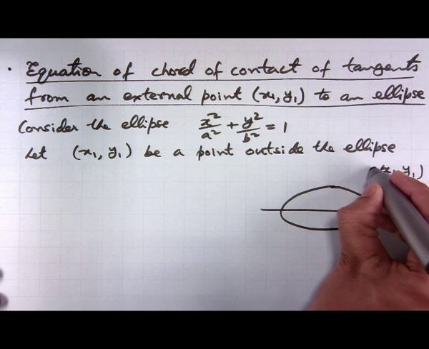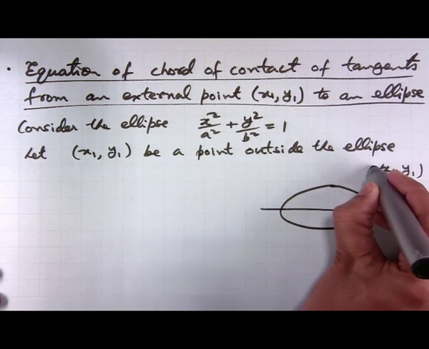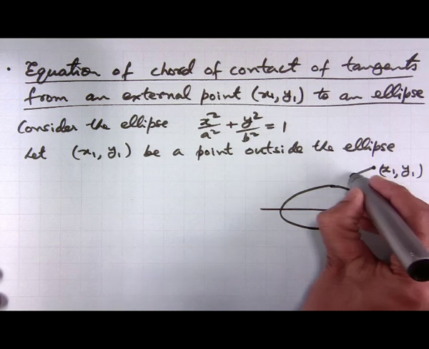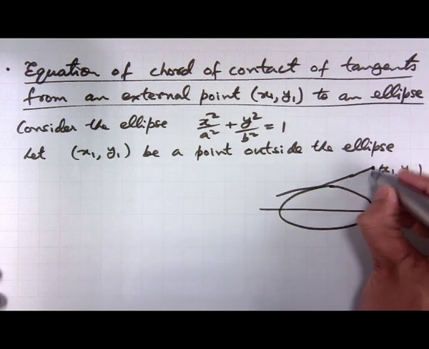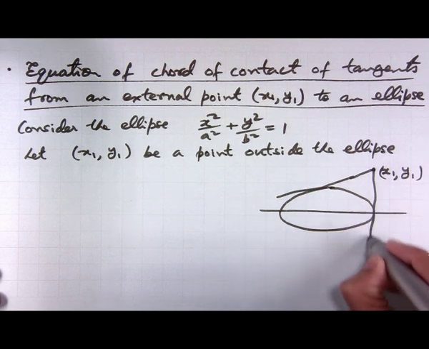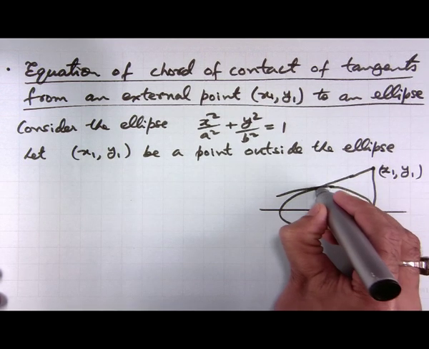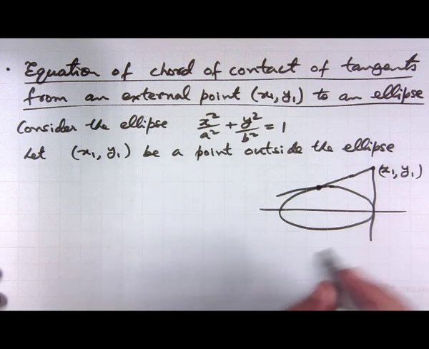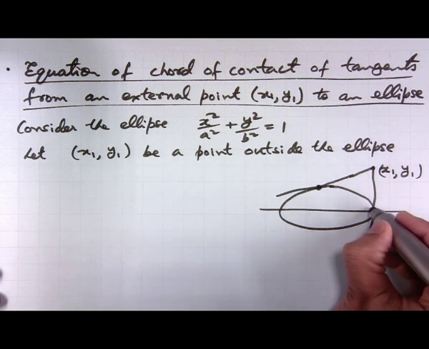Now, from this point x 1 y 1, two tangents can be drawn to the ellipse, and what we are required to find is the chord of contact.